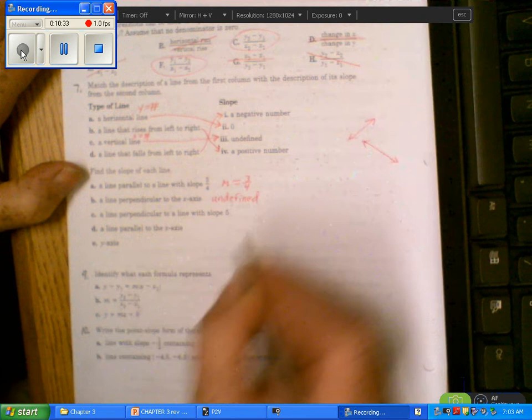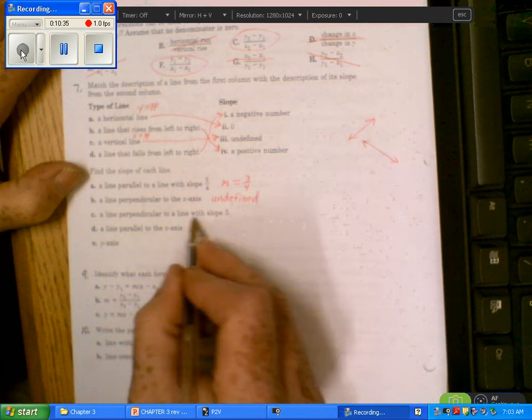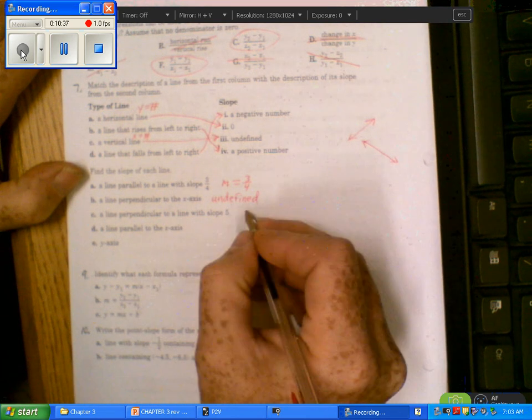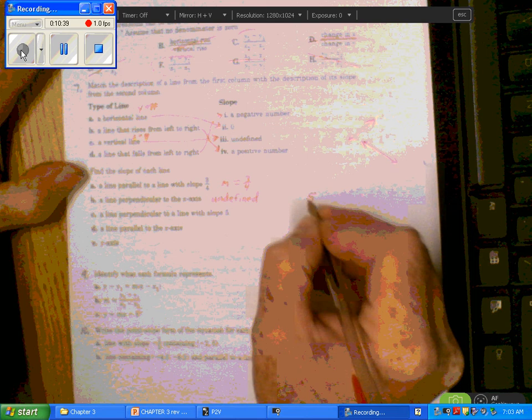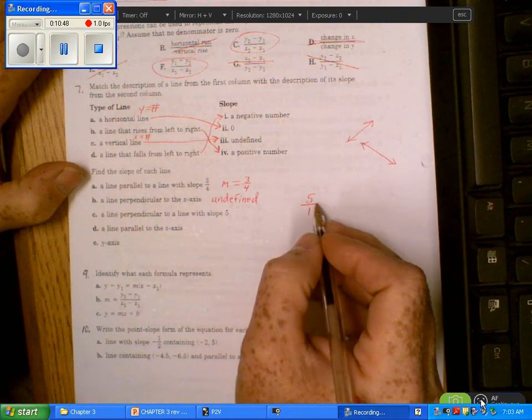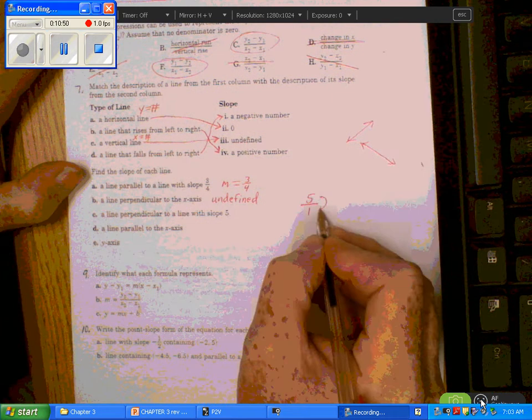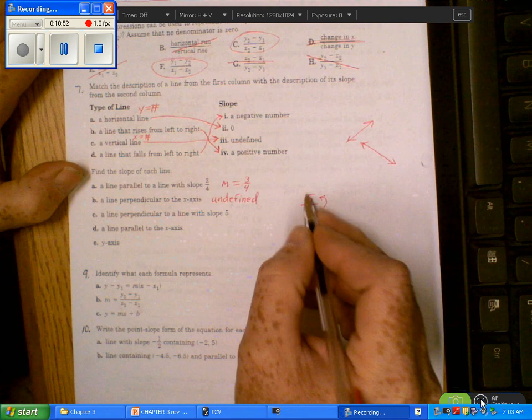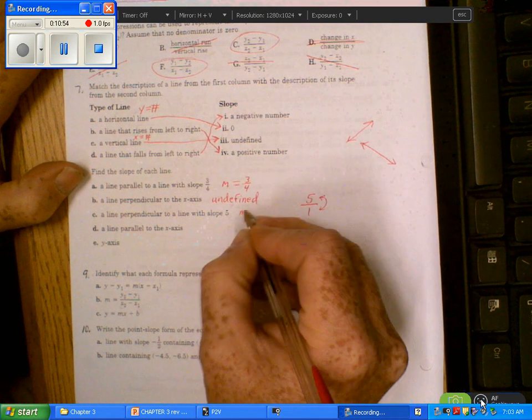A line perpendicular to a line with slope 5. Remember, if the slope is 5, then that means 5/1 is the same thing. And if they're perpendicular, then the slope is the opposite reciprocal. So you flip the top and the bottom, and since it was positive, make it a negative.